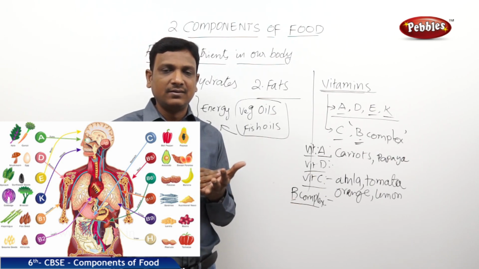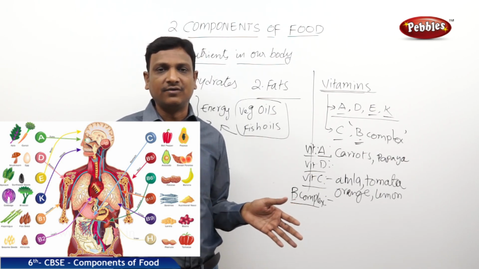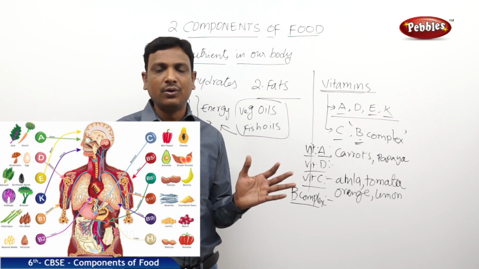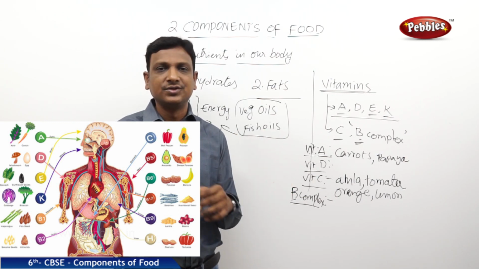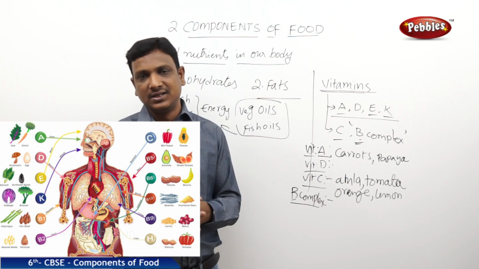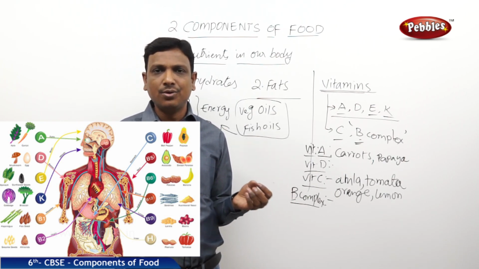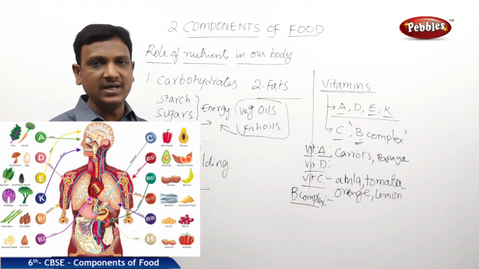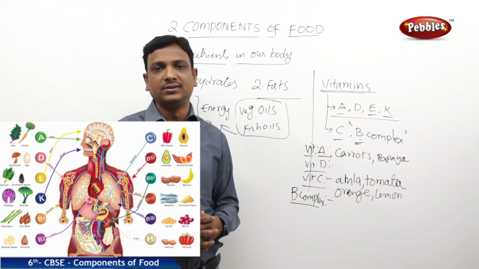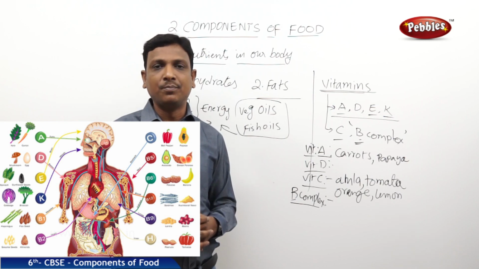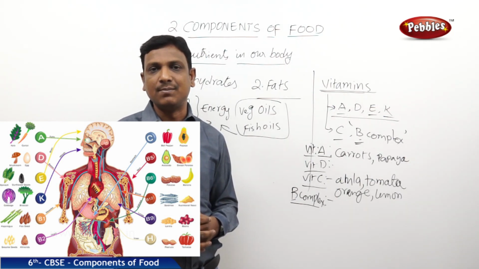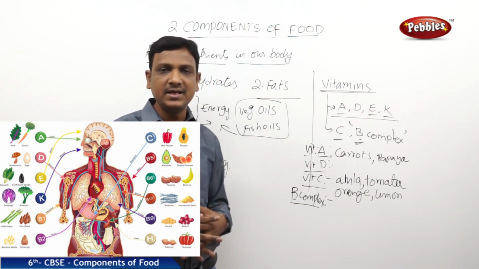So we are removing the total layer of the grains and making them so glossy, so shiny. We are polishing. If these polished grains, rice are eaten, you don't get any benefit of this vitamin B. So unpolished rice and cereals and pulses are to be eaten to get vitamin B.